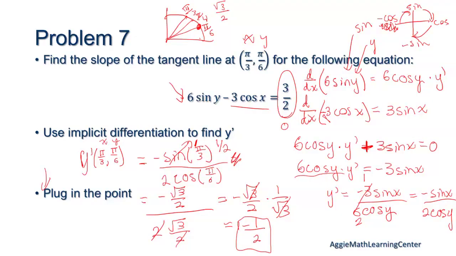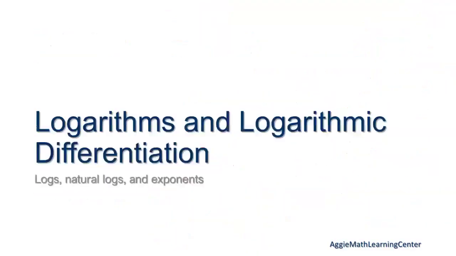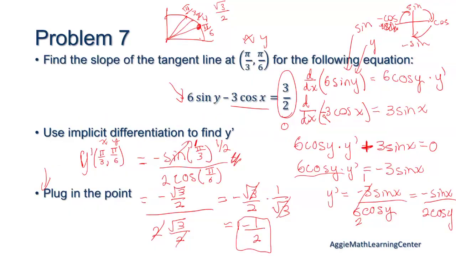Okay. Do you have any questions about any of this? Remember, derivatives are the slopes of lines of your function. So anytime it asks you for a line and you need to find the slope of that tangent line, you're going to need the derivative of your function and a point. Those are the 2 requisites.